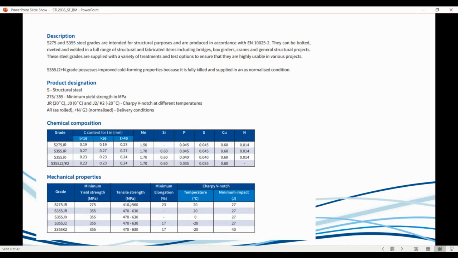JR means it's impact tested at a temperature of 20 degrees. Then we have S355 J0, that's at 0 degrees. And you have S355 J2, which is at -20. We have not done impact testing, but that is a test, like I said, I've done a few times.